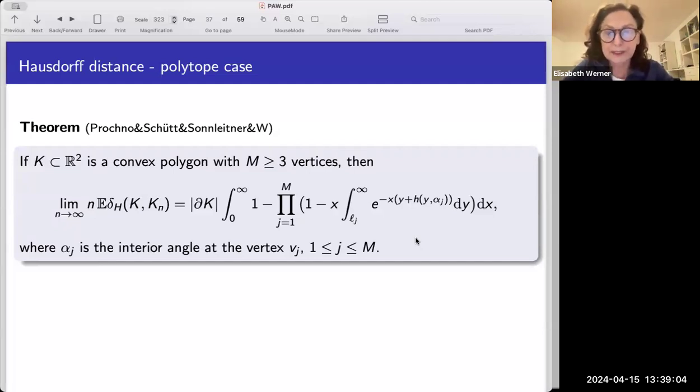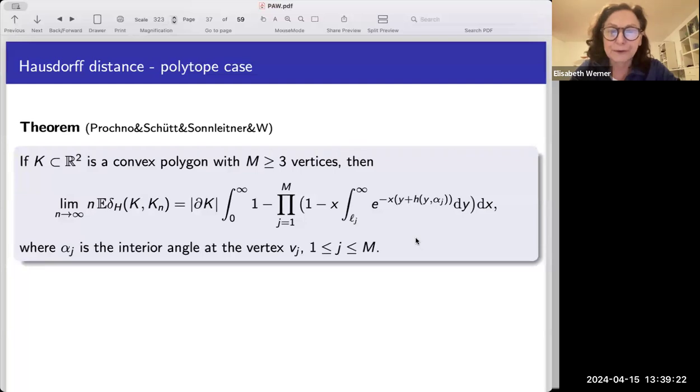So what does the right-hand side involve? It's a bit unpleasant. First term is still nice. It's nothing else but the boundary, the volume, or the one-dimensional surface area of the polygon.